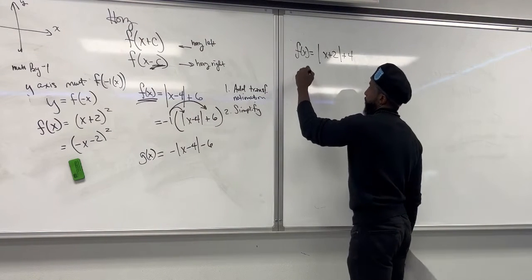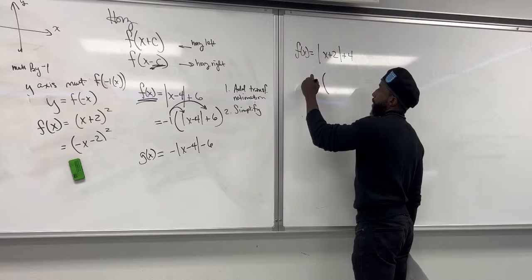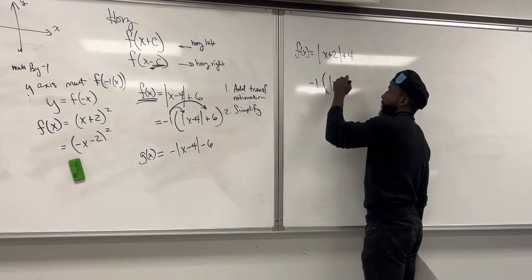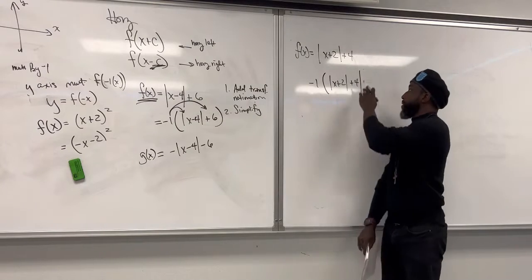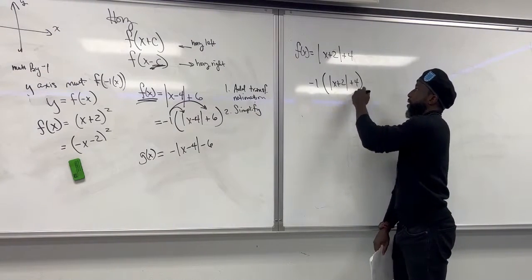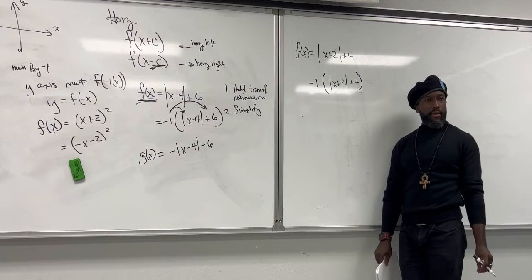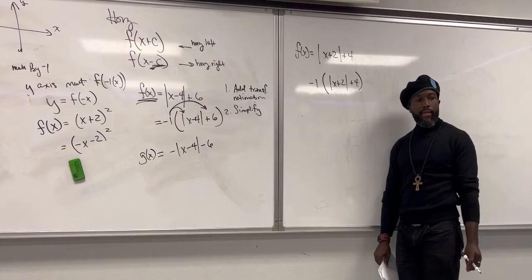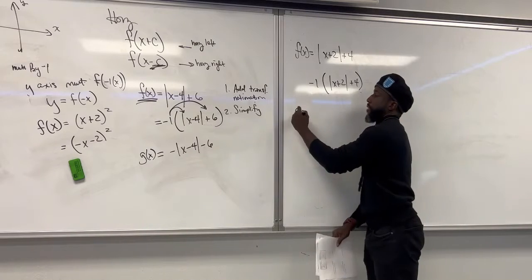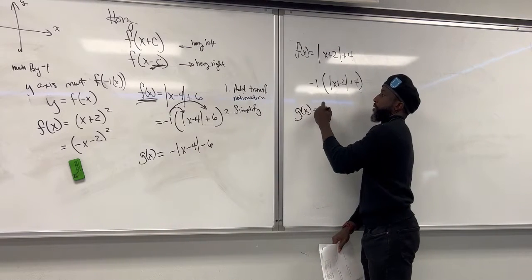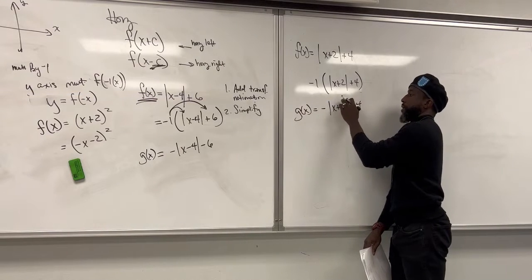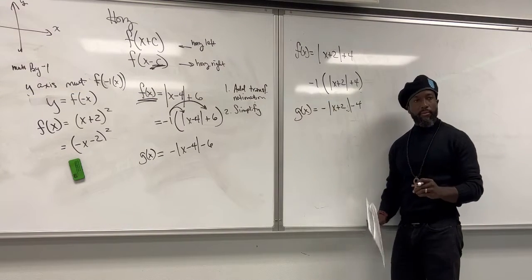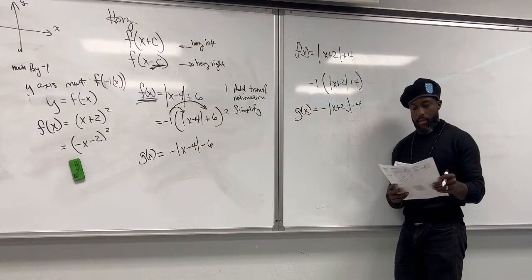So again, multiply the whole thing by negative 1. Somebody tell me what you get as the answer. What'd you get? G of x equals negative absolute value x plus 2 minus 4. Good. How are you sure you got that? Good. Okay. All right.